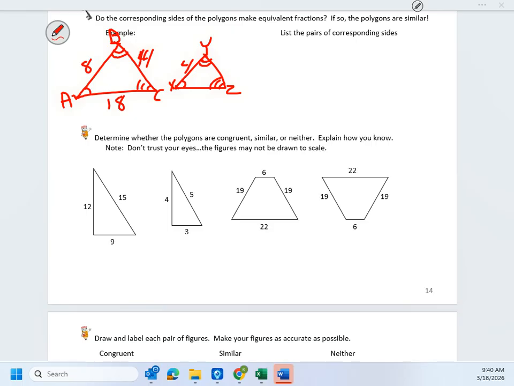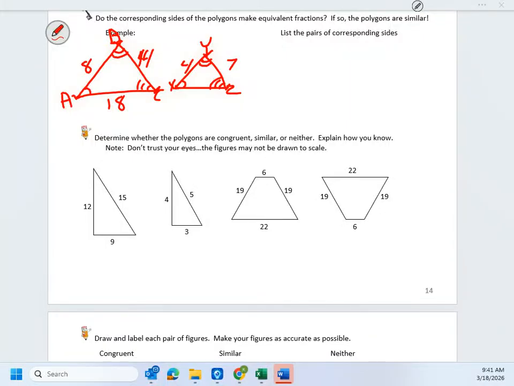If it is proportional, what do you think YZ is going to be? Rhoda? What measurement would it be? If BC is its corresponding side, what measurement would YZ have to be if it is proportionate? What do you think, Alex? 7. How did you get 7, Alex?